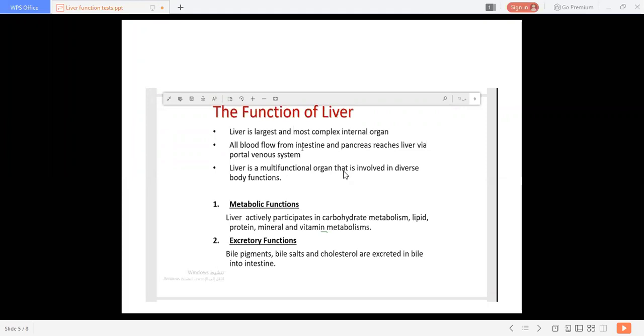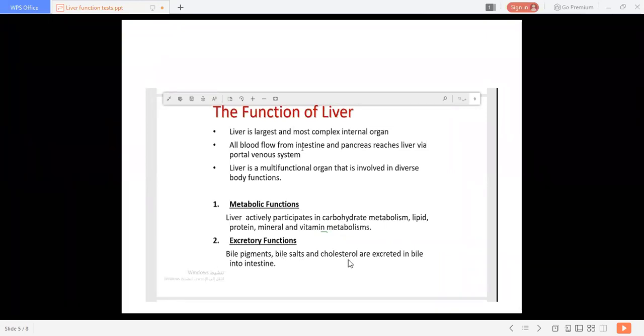The liver is a multifunctional organ. The first important function is metabolic function. The liver actively participates in carbohydrate metabolism, lipid metabolism, protein, mineral, and vitamin metabolism. The second important function is excretory function, that is excretion of bile pigments, bile salts, and cholesterol.